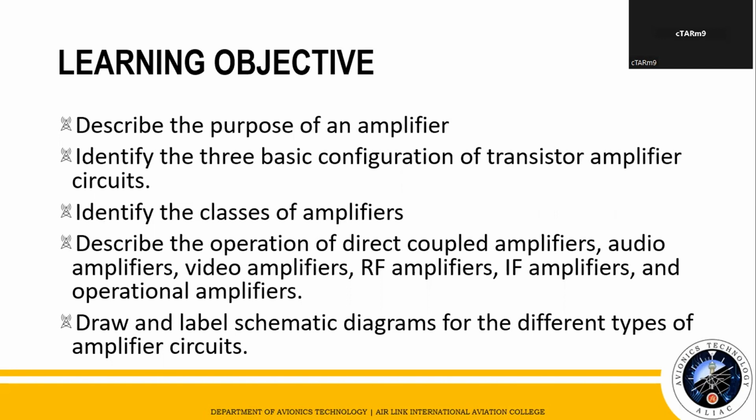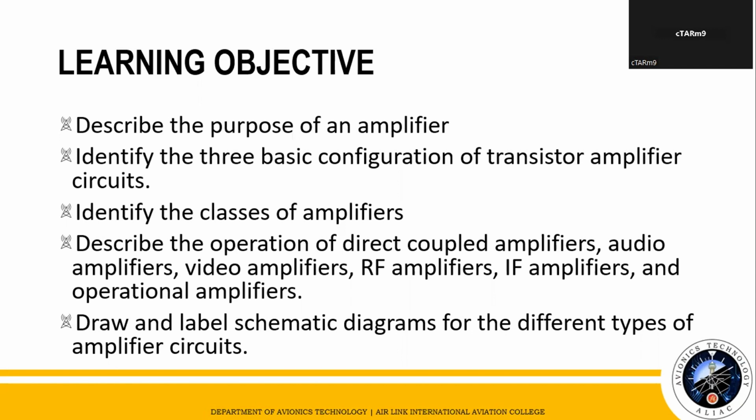So when we are talking about amplifiers, they are electronic circuits that are used to increase the amplitude of an electronic signal. A circuit designed to convert a low voltage to a higher voltage, that's what the amplifier does.